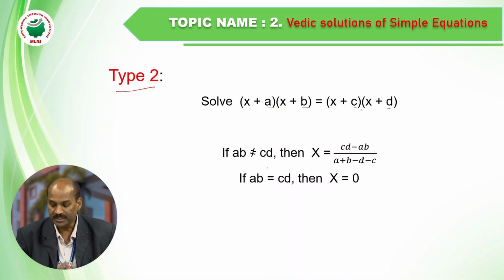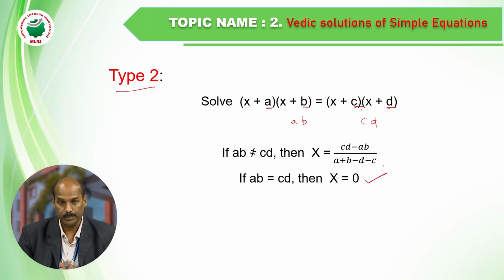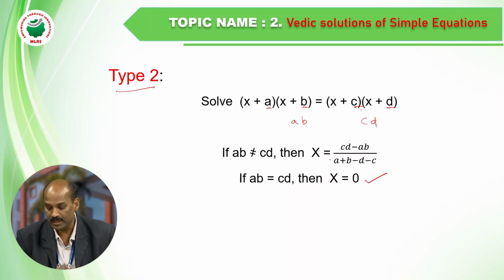Okay. Now in this also there are two cases. Case 1: what is the constant here? C into D, CD. And here what is the constant? A into B. So if AB equal CD, if this constant equals this constant, then x equal 0. Simply you put 0. Otherwise, if AB is not equal to CD, then what is the x value?